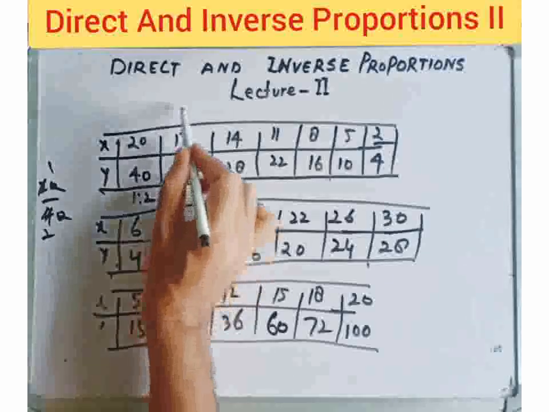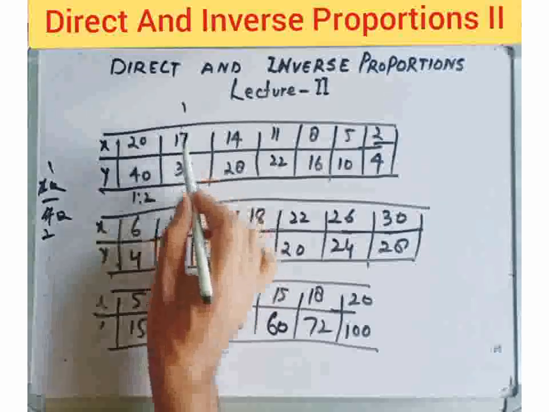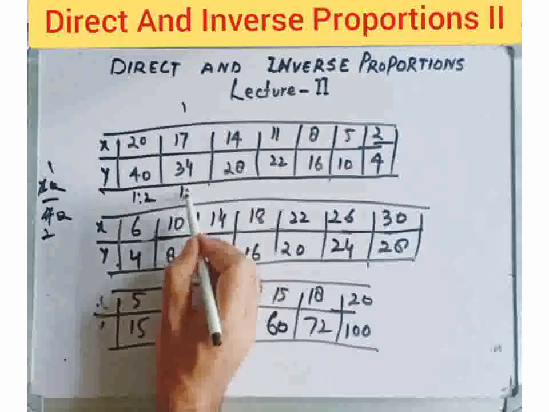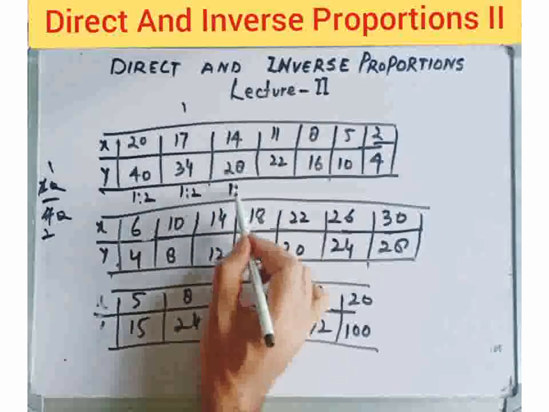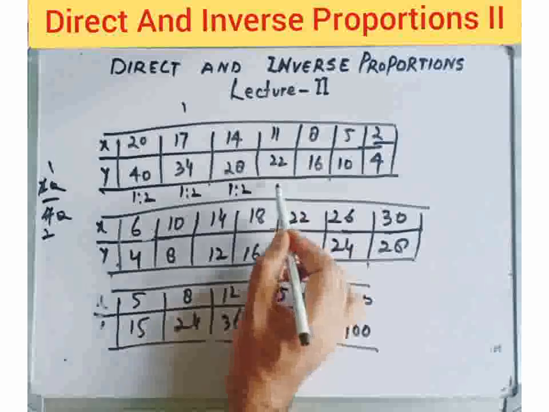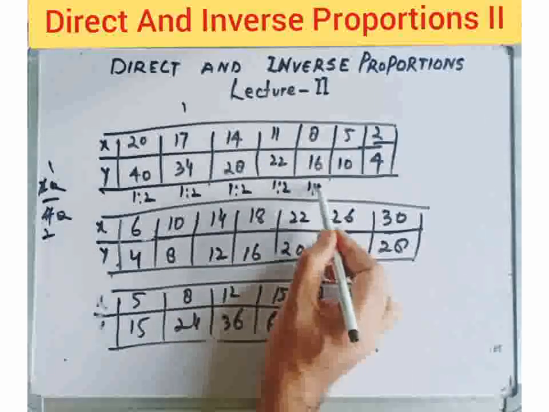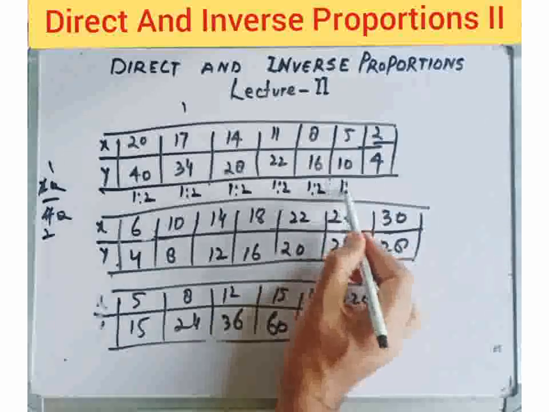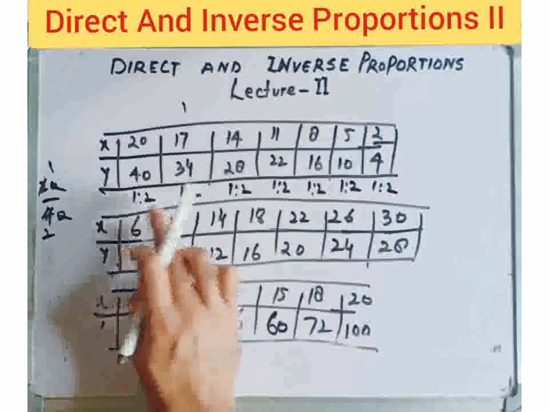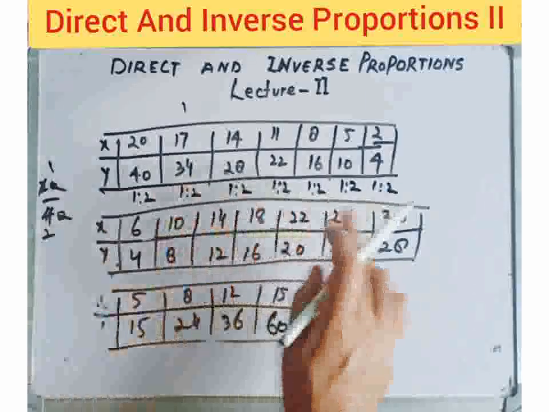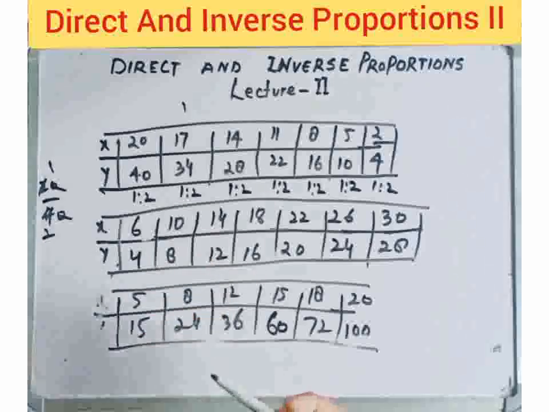Here 17 ones are 17, 17 twos are 34, 1:2. 14 ones are 14, 14 twos are 28, 1:2. 11 ones are 11, twos are 22, 1:2. 8 ones are 8, twos are 16, 1:2. 5 ones are 5, twos are 10, 1:2. 2 ones are 2, twos are 4, 1:2. So the ratio each time is the same. We can say that x and y are directly proportional to each other.